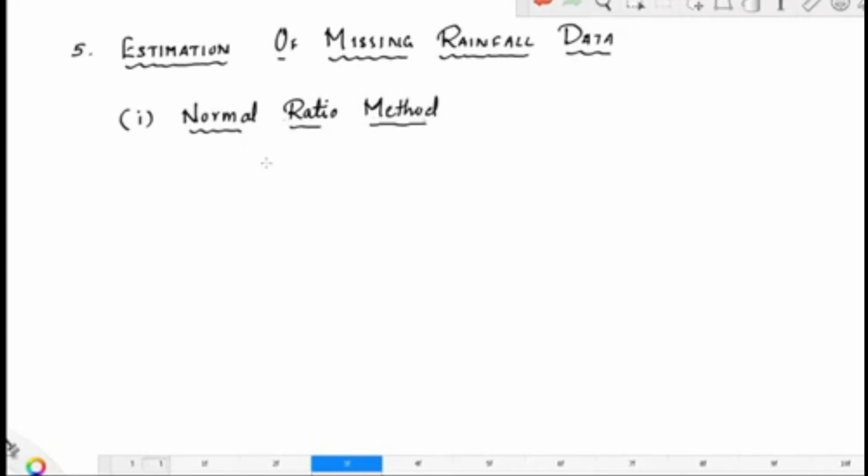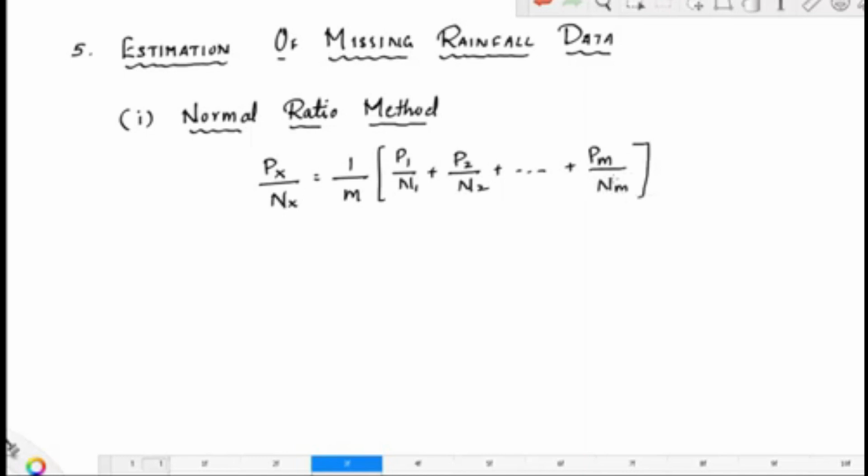So normal ratio method, Px divided by Nx is equal to 1 divided by M into bracket P1 by N1 plus P2 by N2 plus till Pm divided by Nm. So where N values are representing normal annual average precipitations, P is annual rainfall values, M represents here number of working stations.